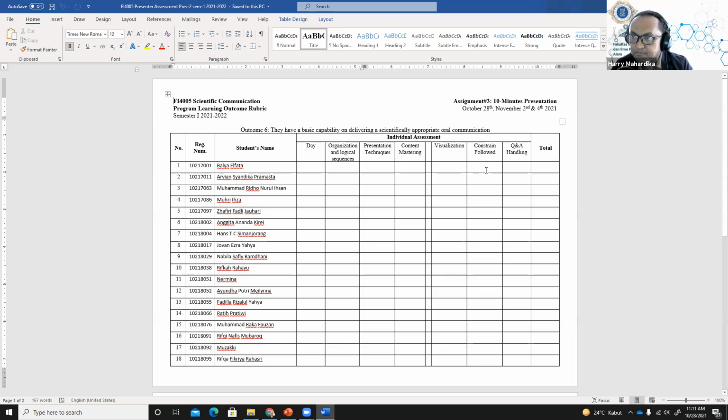And then whether the presenter is following the constraint of today's session, which is that we try to mimic the situation when you are having a presentation in room 1201 in our physics department building. So you need to evaluate 1, 2, 3, 4, 5 columns for each presenter.